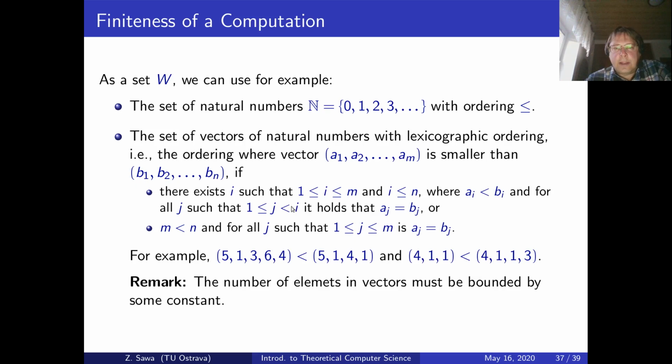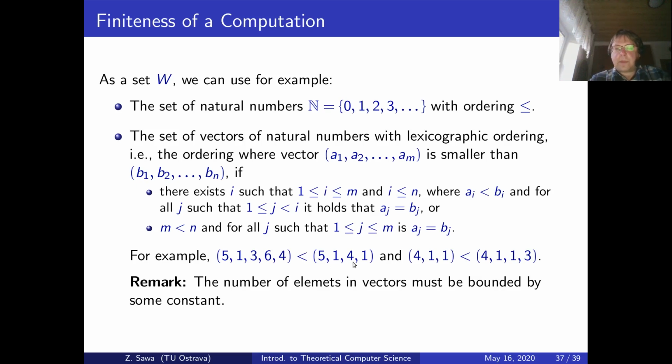So we consider these vectors from left to right, and we find the first position where they differ. Like here, if I take this vector and this vector, 5 is the same, 1 is the same, and 3 and 4 are different. So this is the first position from the left where the values are different.